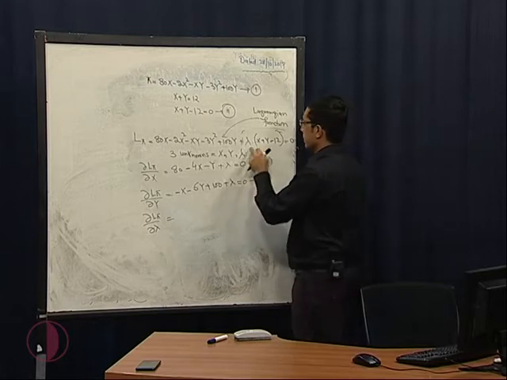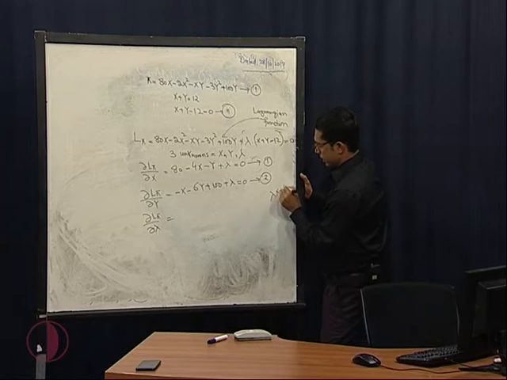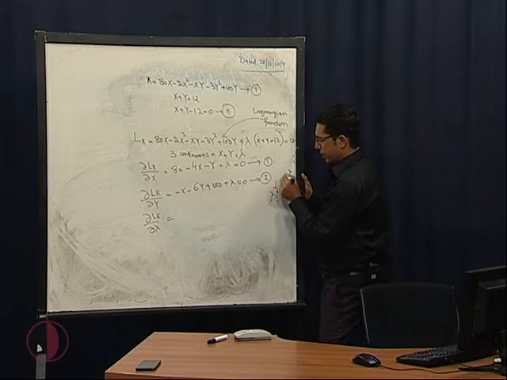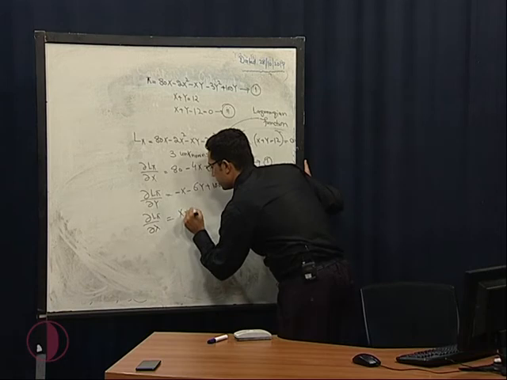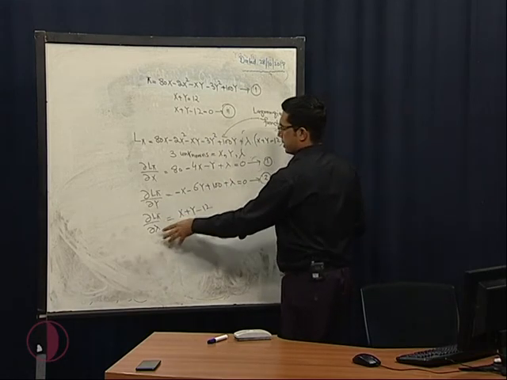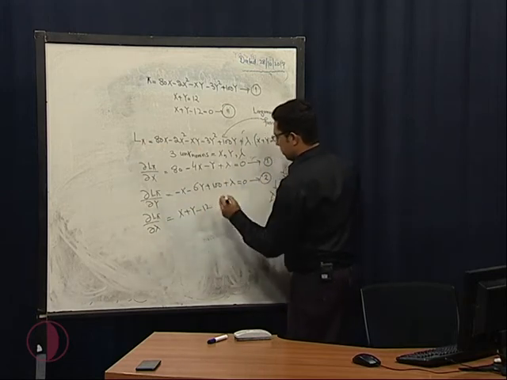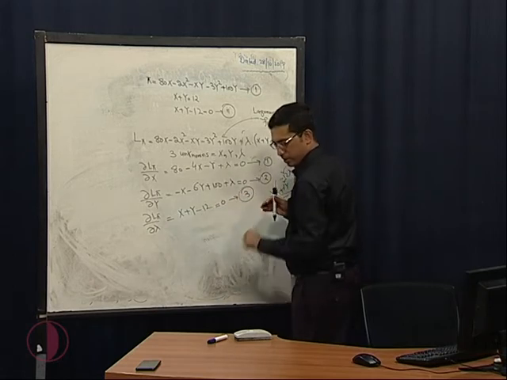So, from this we can write lambda x plus lambda y minus 12 lambda, so we will write x plus y minus 12. This is the partial derivative of the Lagrangian function with respect to lambda. We will set it equal to 0. Let me call it equation 3.